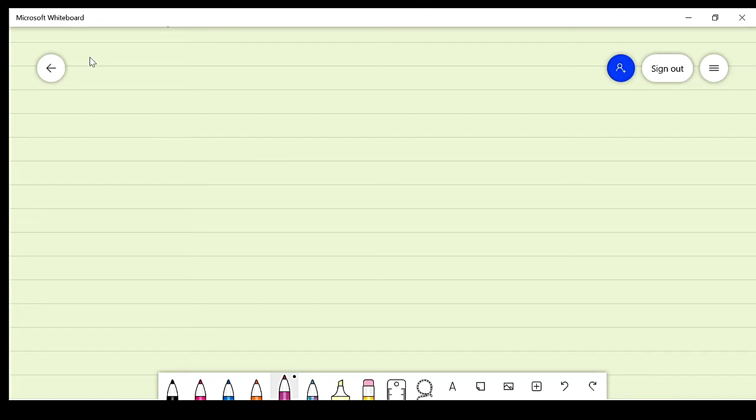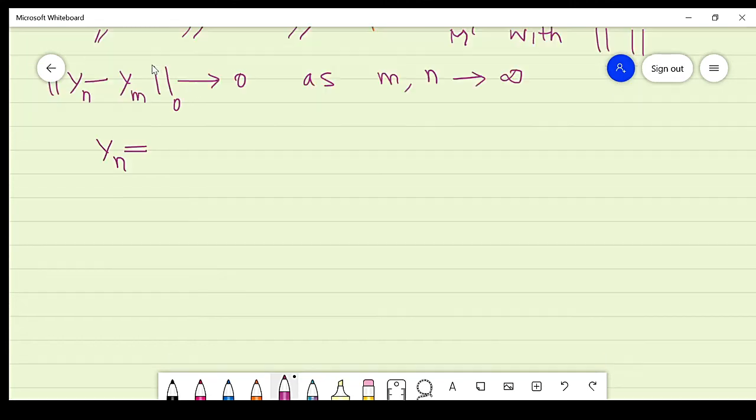We know that this Yn is a sequence. This can be written as alpha 1 E1, alpha 2 E2 and so on.